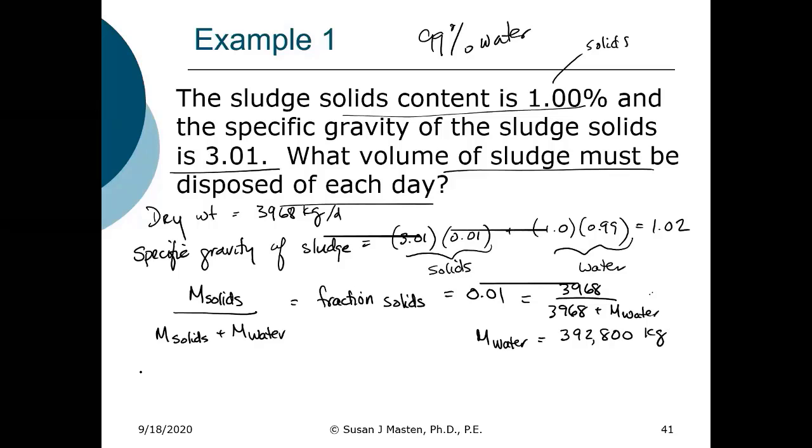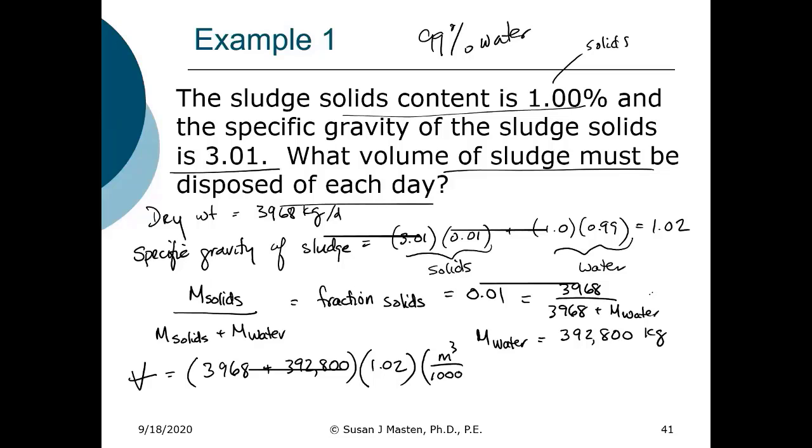So the volume is equal to the total mass, so the 3,968, the mass of the solids, plus the mass of the water, divided by the specific gravity that we calculated here, times the density of water, which we'll just take as 1,000 kilograms per cubic meter.